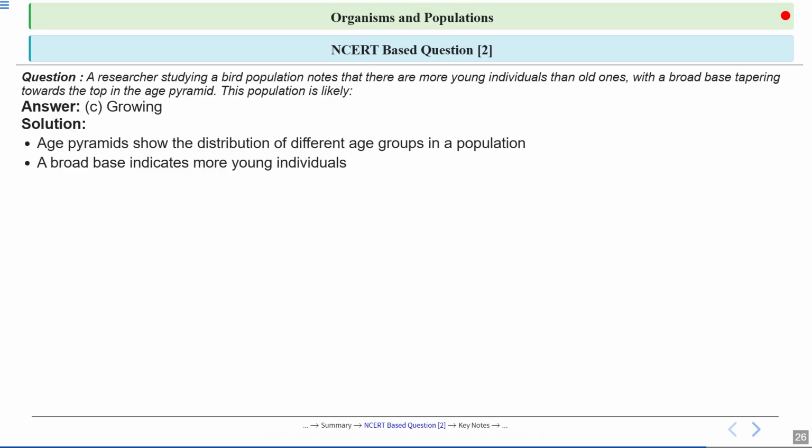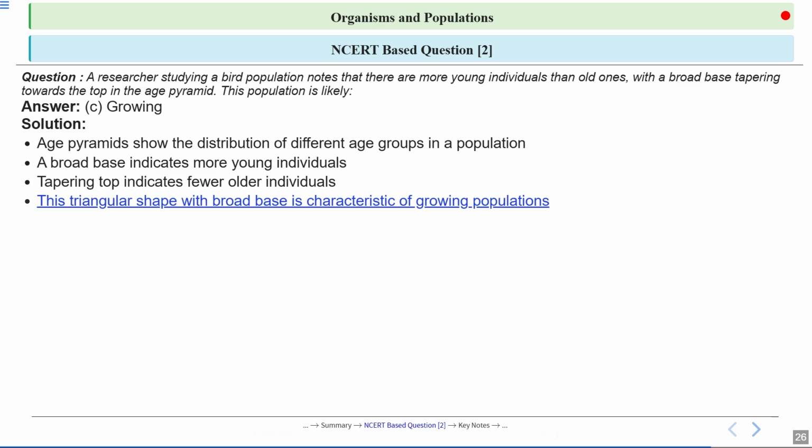The base is broad and it tapers as you move upwards, because there are fewer individuals in the post-reproductive phase. A tapering top indicates fewer older individuals. These older individuals can't reproduce. They represent individuals in the post-reproductive phase.